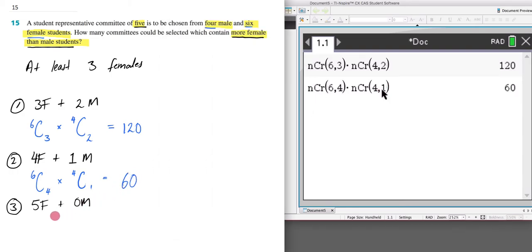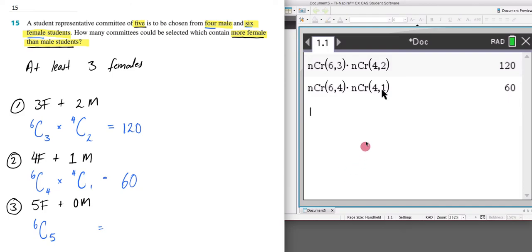And then my last one down here is 5 females and 0 males. Now let me just make that look more like a 0 and not a 6. That is 0. So that means I'm going to have 6 females that I'm choosing from, and I'm putting them into 5 positions. Now, I don't even have to worry about this right here because it's not going to affect it at all. There are 0 males. So I just need to simply figure out what is this.